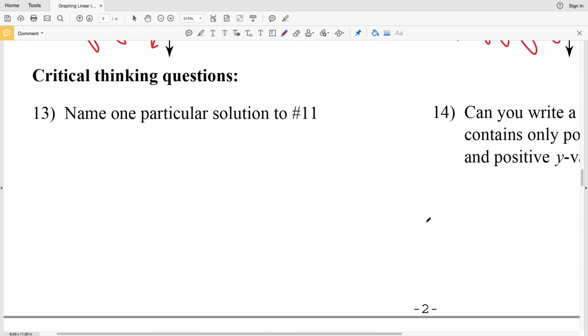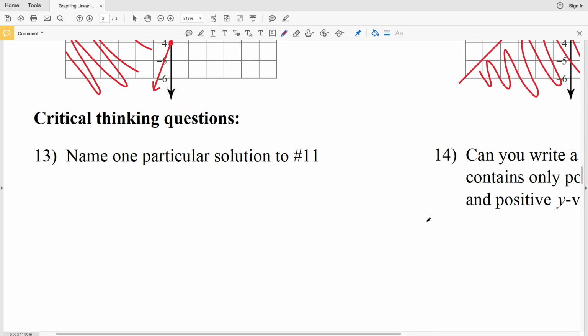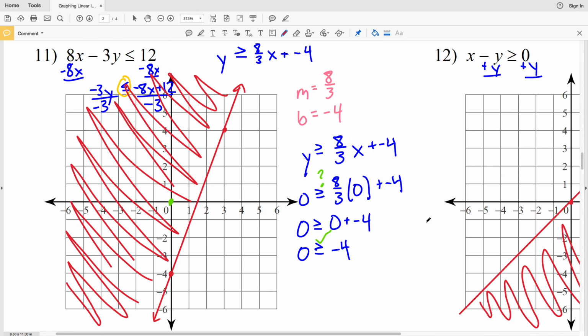Continuing on to the critical thinking questions, number 13 says to name one particular solution to number 11. So going back up to number 11, naming one solution, well, you can see that our test point 0, 0 was in the shaded region, so 0, 0 is a viable answer.